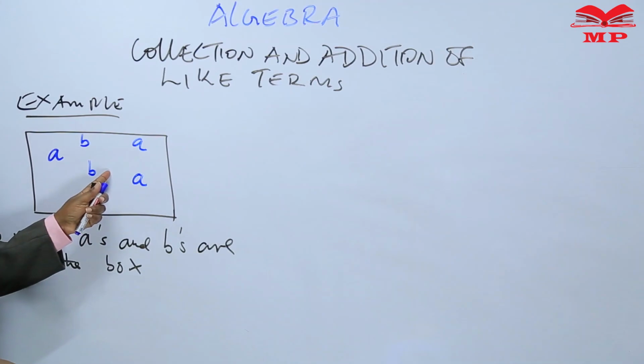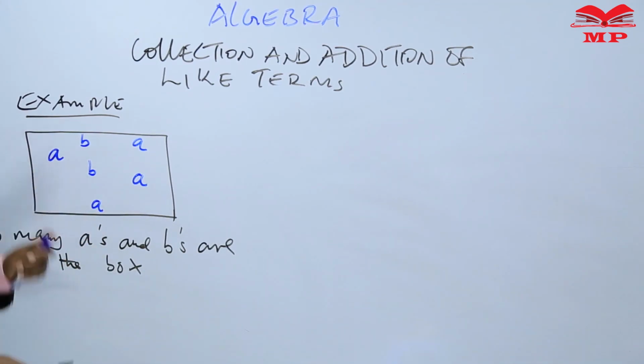How many A's and B's are there inside this box?